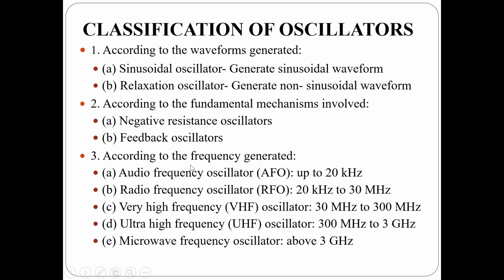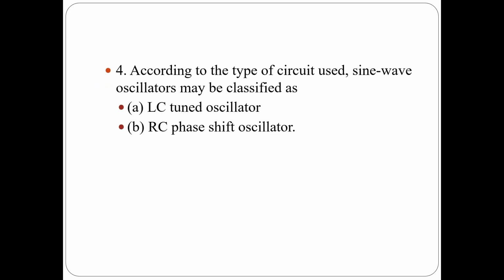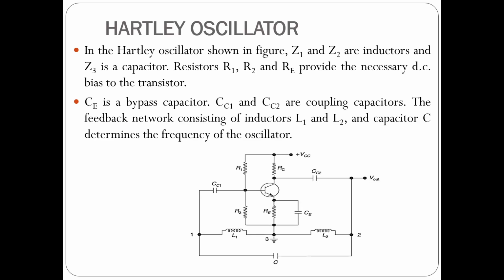Third, according to the frequency generated: audio frequency oscillator, radio frequency oscillator, very high frequency oscillator, ultra high frequency oscillator, and microwave frequency oscillators. Then the fourth classification, according to the type of circuit used in sine wave: LC tuned oscillator and RC phase shift oscillator.